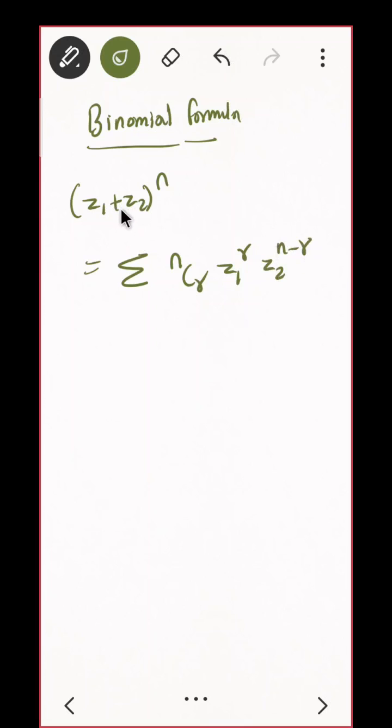Correct. So your summation r will start from 0 to n. So this is the same as there, nothing different. And how is this nCr defined? nCr is n factorial upon r factorial into n minus r factorial. Correct. So that's why this is your binomial expansion, the same as for that, and for this too.